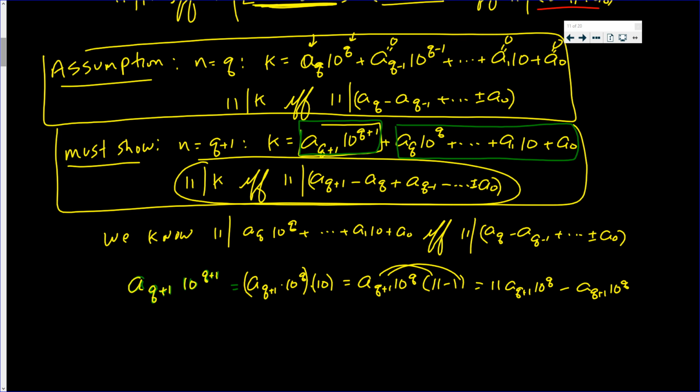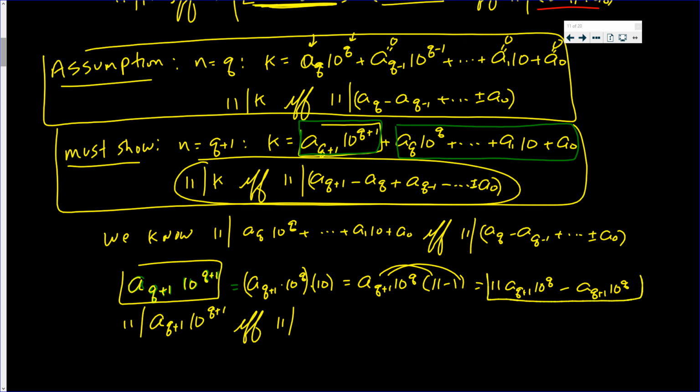Okay, now 11 divides this if and only if 11 divides any other way of writing this, which is that way: 11 times a(q plus 1) times 10 to the q minus a(q plus 1) 10 to the q.